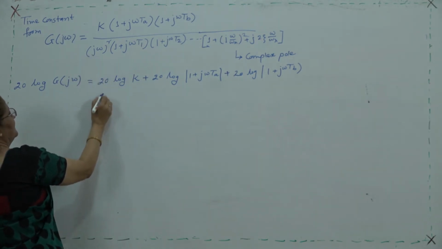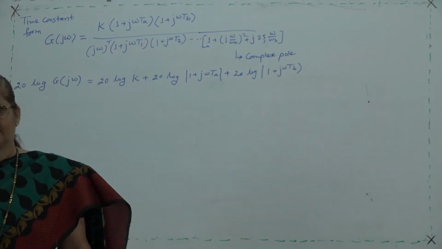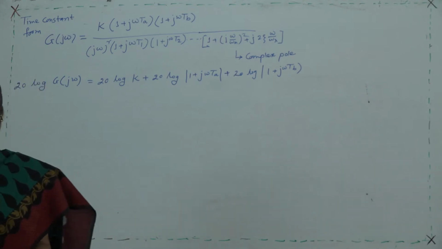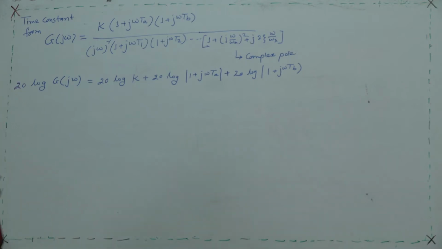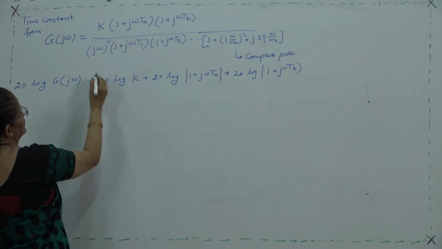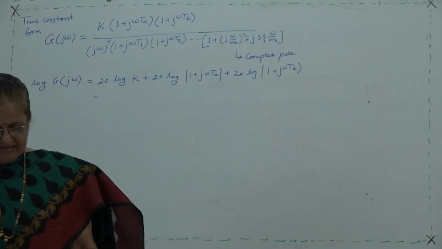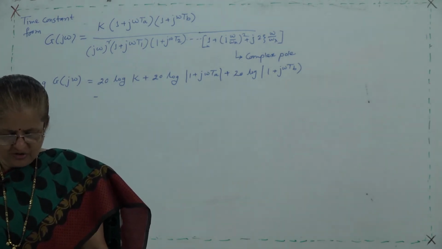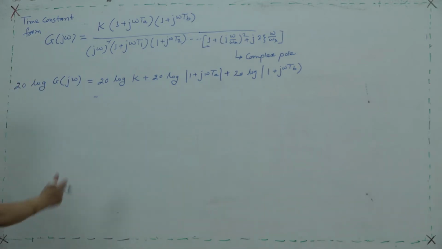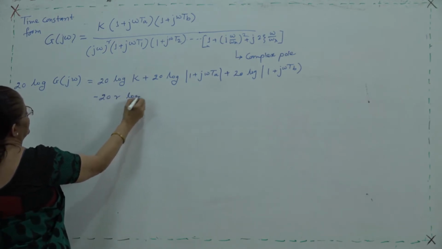So, what we will get here, j omega raised to r. What is the 20 log of that? How will you write here? j omega raised to r, and what will be the logarithm for that? Minus 20 r log of omega.